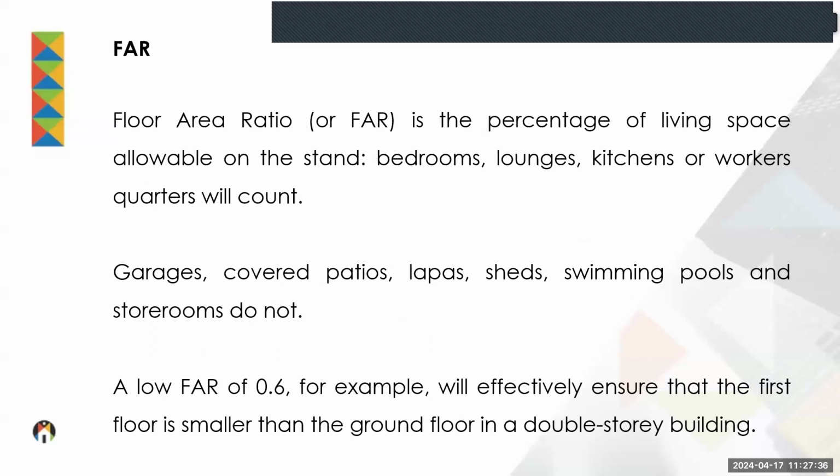Then we come to floor area ratio. Now, that is the percentage of living space available on the stand. That will include bedrooms, lounges, kitchens, or workers' quarters, for instance. Types of uses in the building that are excluded from that will normally be garages, covered patios, lapas, sheds, swimming pools, and storerooms. So for instance, if you've got an FAR of 0.6, it will effectively ensure that the first floor is smaller than the ground floor if you look, for instance, at a double-story building.